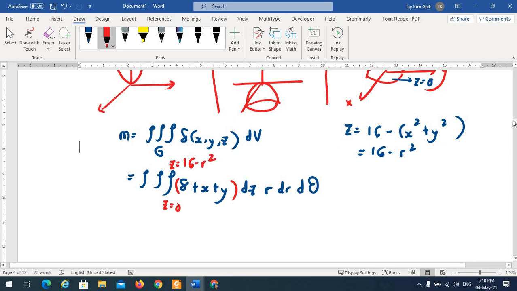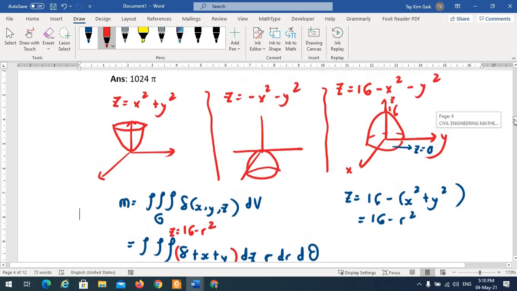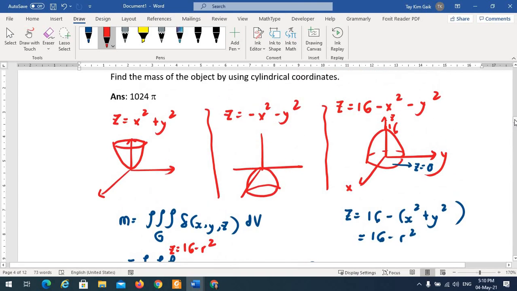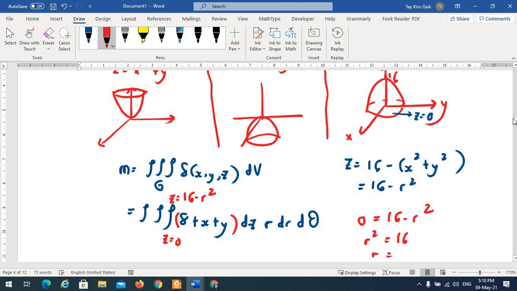To get the limits of r and theta, you need to project this paraboloid onto the xy plane, which happens when z equals 0. So when z is 0, 0 equals 16 minus r squared, so r squared equals 16, which means r equals 4. That's why the limit of r is from 0 to 4.